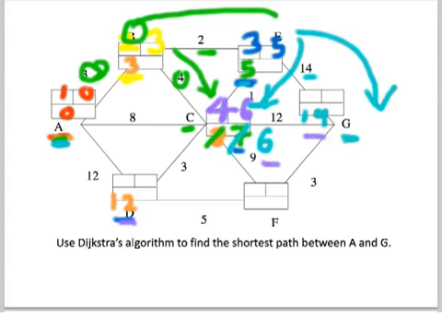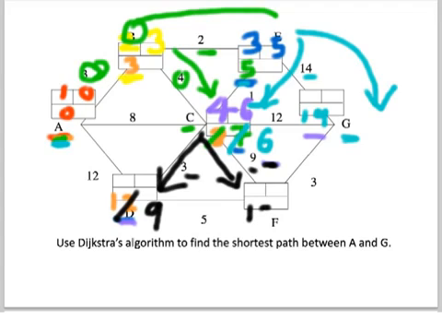So C was permanent, and that's distance 6, so if we go from C, we can go down to D. Now 6 add 3 is 9, so we can update that, and we can also go from C to F, so that's 6 add 9, which is 15.